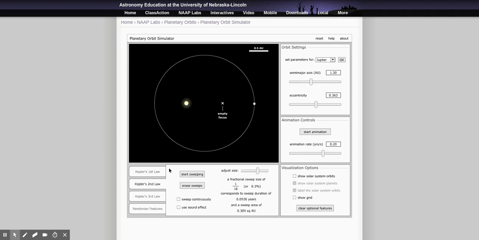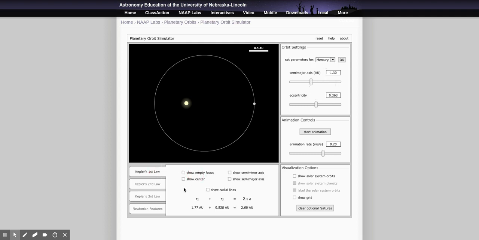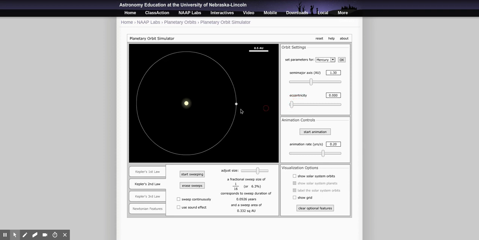Now, Kepler's second law is an interesting one. Here, I'll get rid of that empty ellipse. There we go. Kepler's second law tells us something about how fast a planet moves in its orbit. If a planet is orbiting in a perfect circle, which can happen, it orbits at a constant speed all the way around.